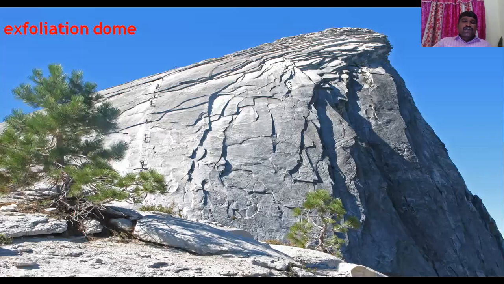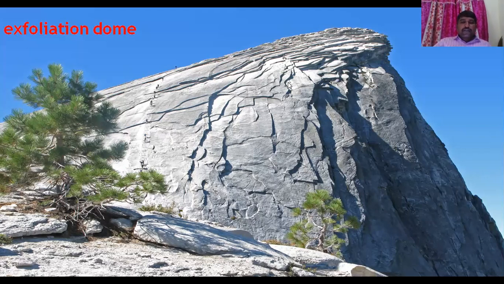The figure on the screen shows the exfoliation domes. These are formed after the removal of the surface layers of the rock, after the regular or alternate contraction and expansion of the rocks.